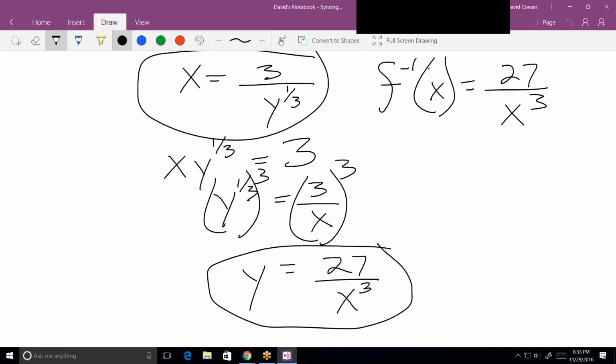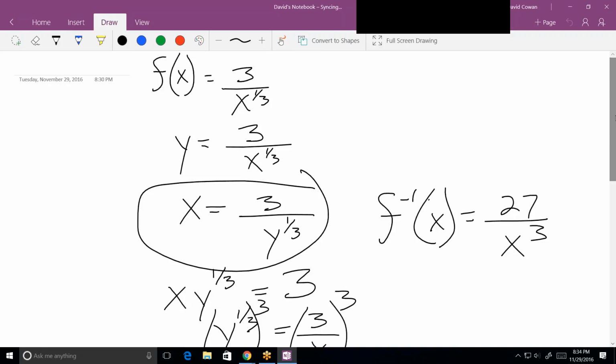Now, it wanted to know about the domain and range of both f and f inverse. Well, let's look at f. What's the domain of f of x? Remember, always be thinking, what can x not be?